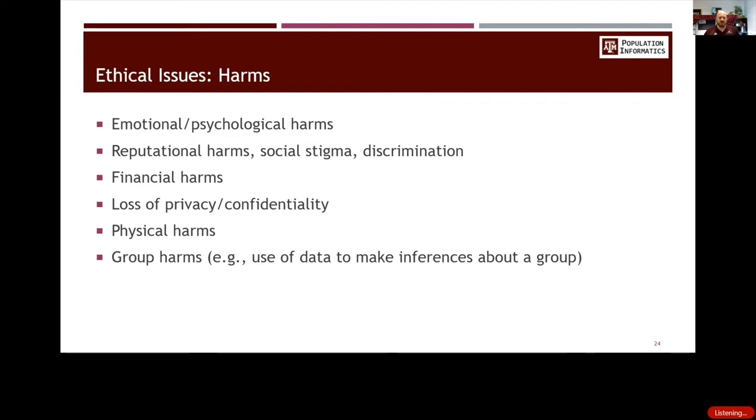And it was initially started off as a very trusting relationship between the researcher and the tribal community. But once these data were collected, they were used for other purposes that went beyond the scope of that initial research.